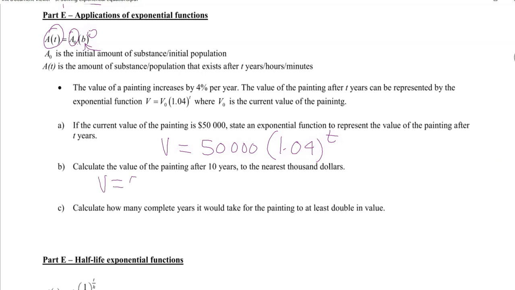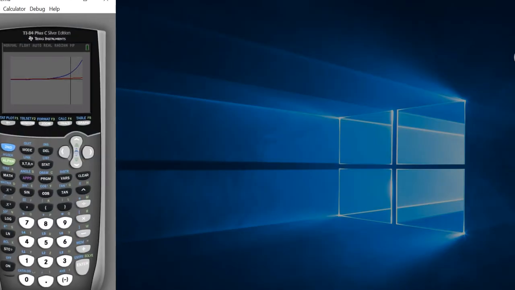So V is 50,000 times 1.04 to the 10. Rounded to the nearest $1,000. Okay, so let's get out of that, clear that. So 50, 1, 2, 3, bracket 1.04, bracket to the power of 10.